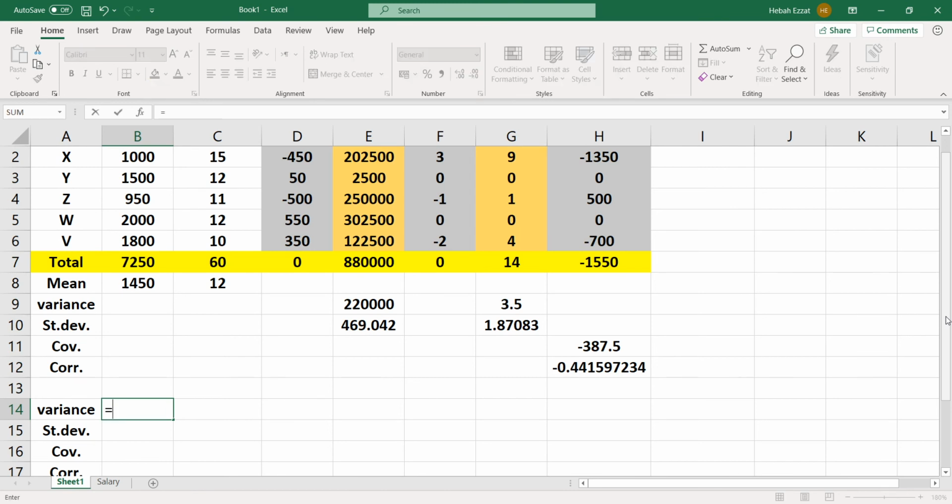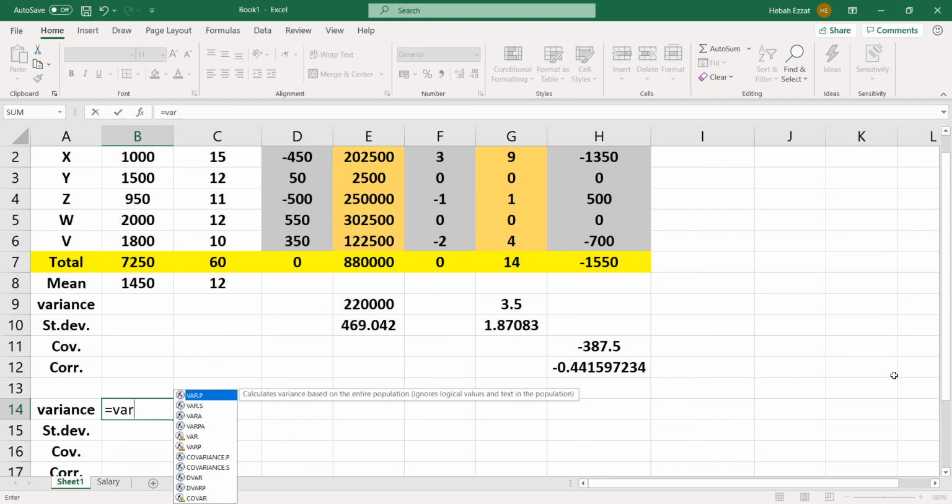I write here equal variance. It will appear here.